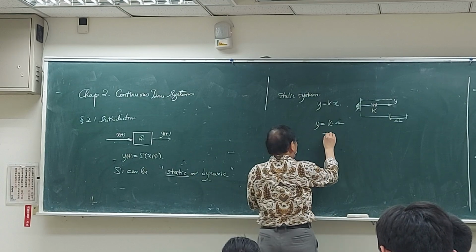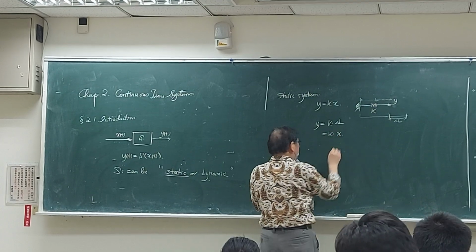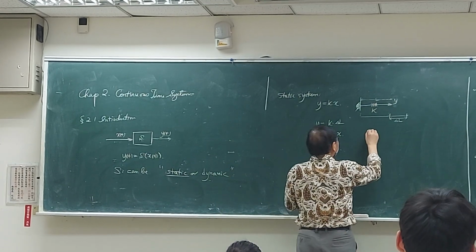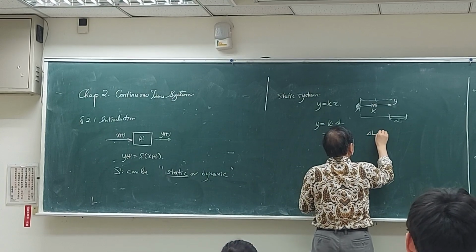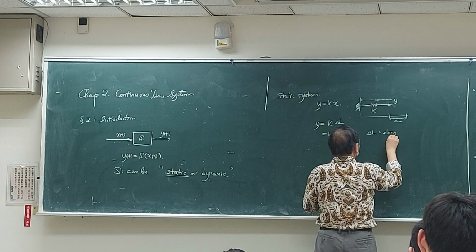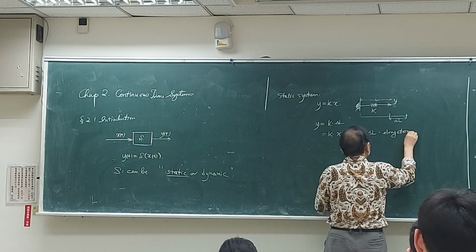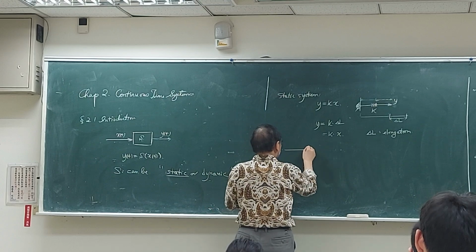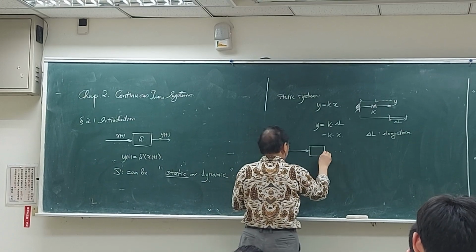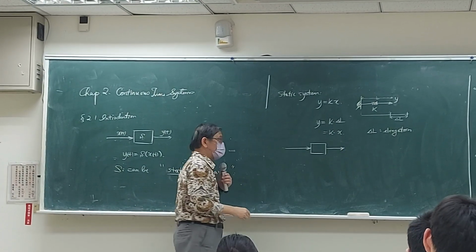Let's define delta F as the elongation. Okay, so which means now we can use the real parameters to represent this simple system.